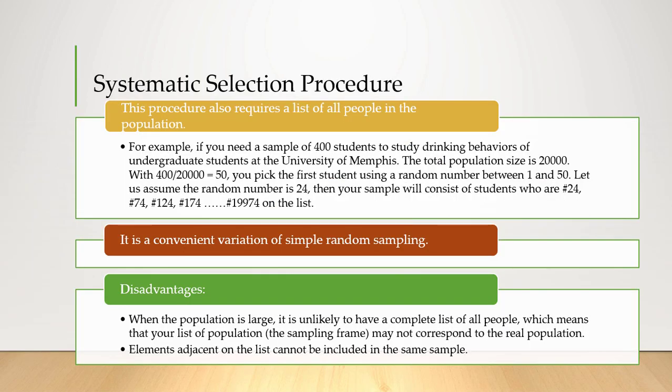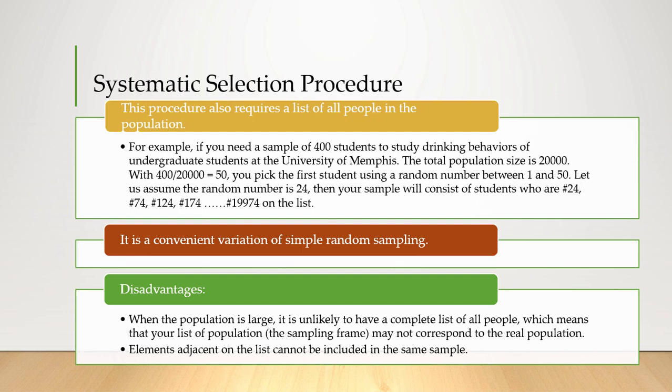Next on the list is the systematic selection procedure. It also requires a list of all people in the population. The sample is selected by arranging a list of people in random order. Then a random number is generated as a seed, and the sample is chosen based on this random number.